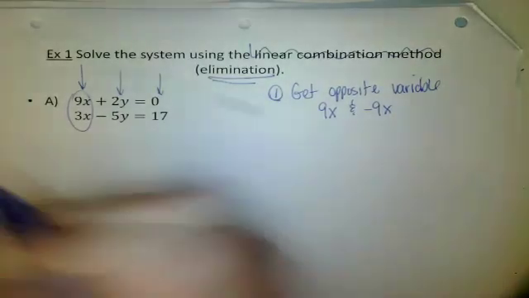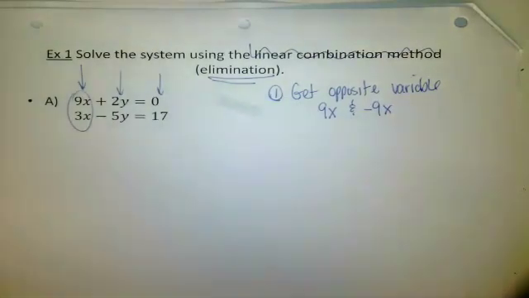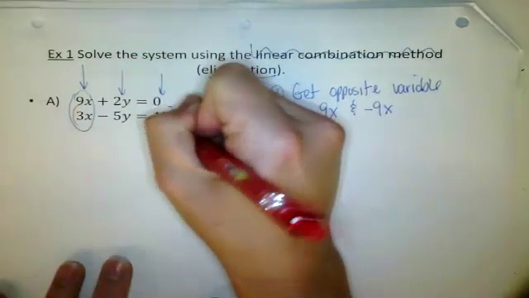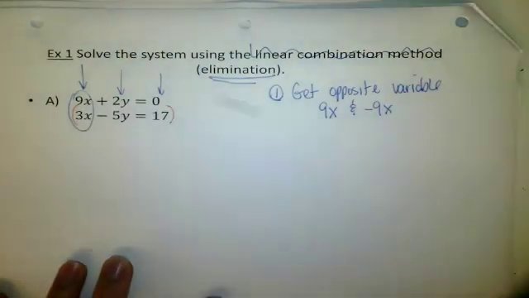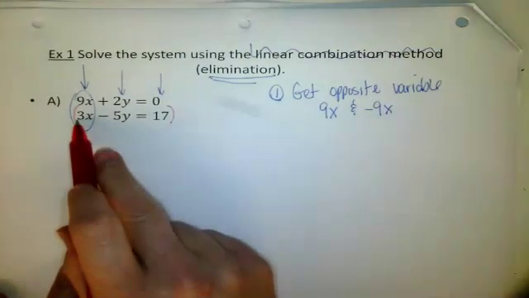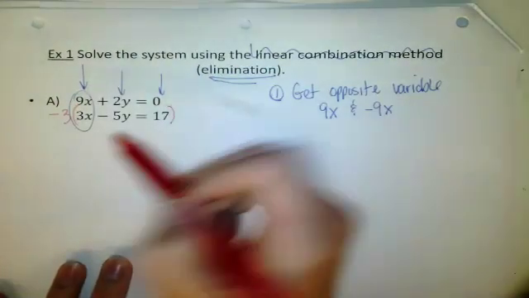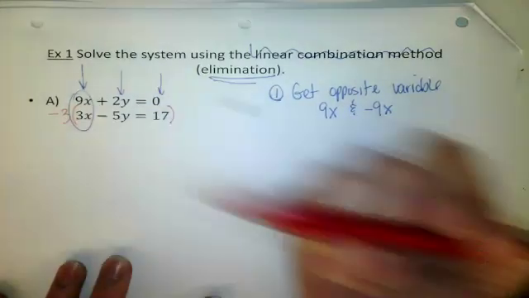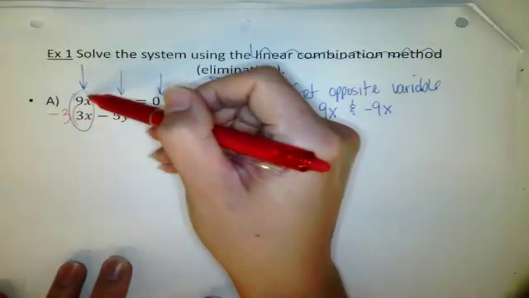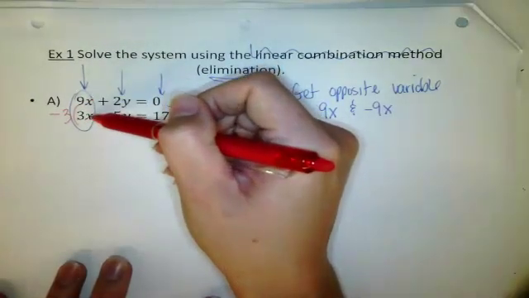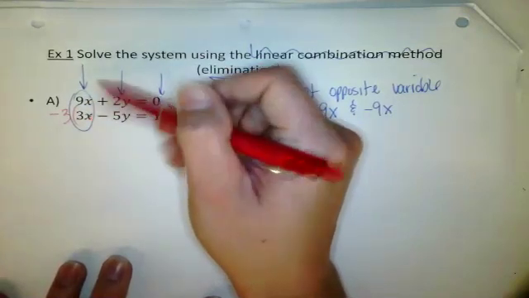So what I'm going to do is multiply an entire equation. What should I multiply this whole equation by? Negative 3, because I'll have a positive 9x on top, and what would I get in the second equation? A negative 9x. And that's what I want.